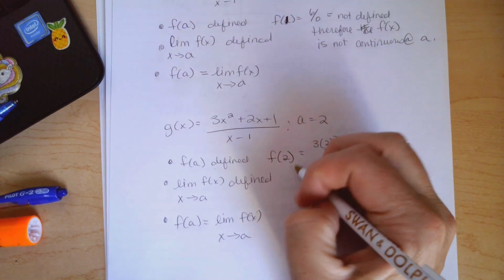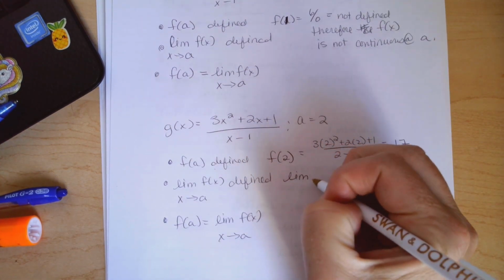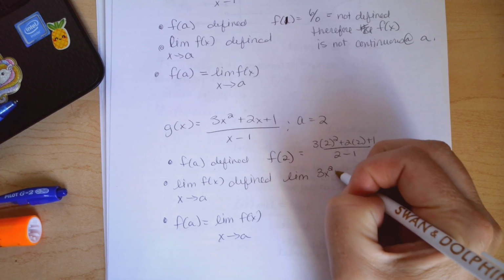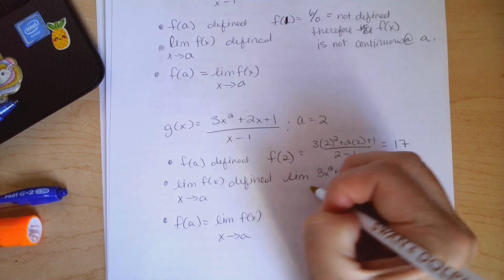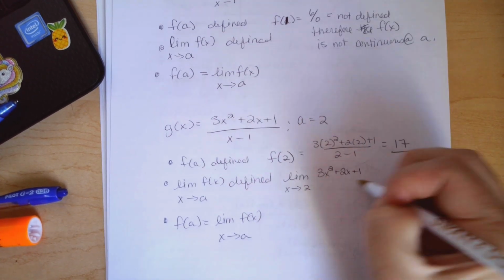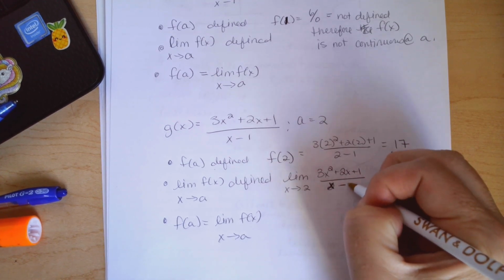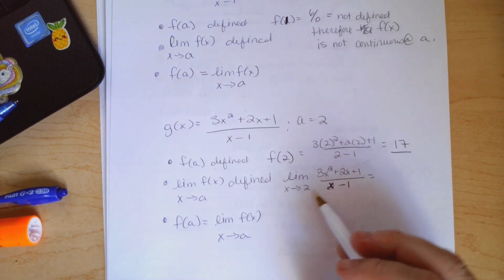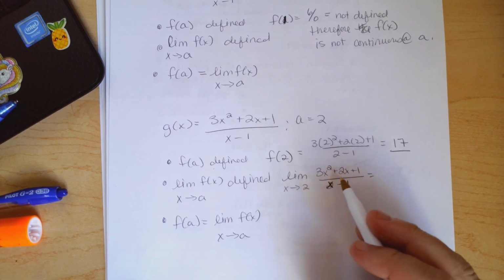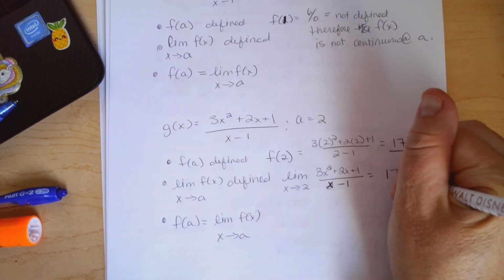Okay, now let's look at the limit. So let's look at the limit of (3x squared plus 2x plus 1) over (x minus 1) as x goes to 2. Okay, we're just going to go ahead and plug this in. It's not going to cause any problems, and guess what? We're going to end up with the same thing.